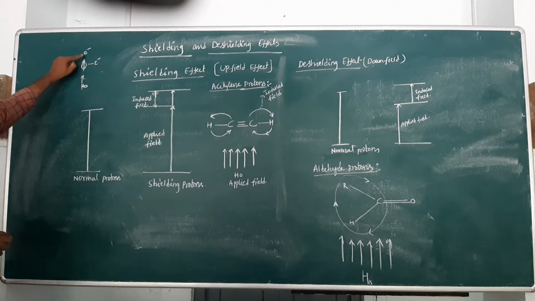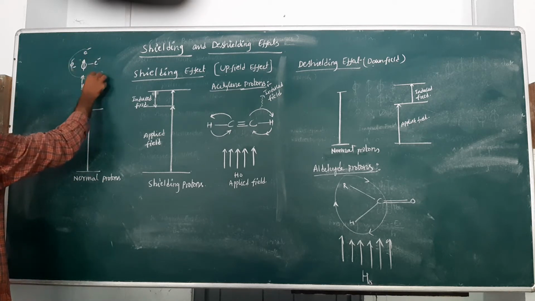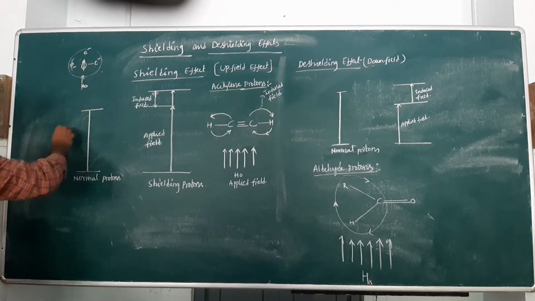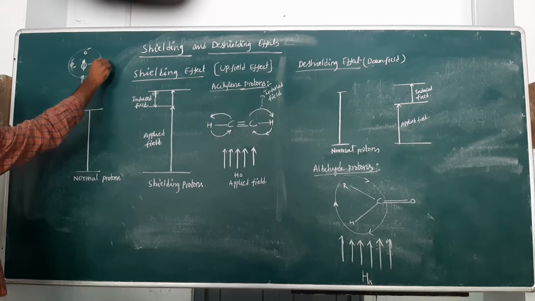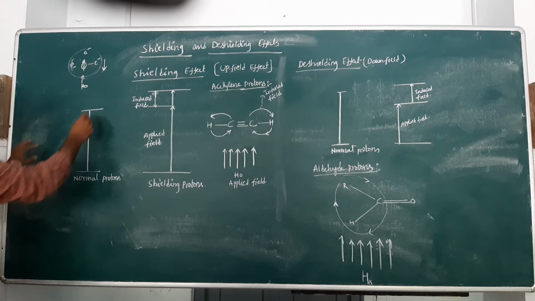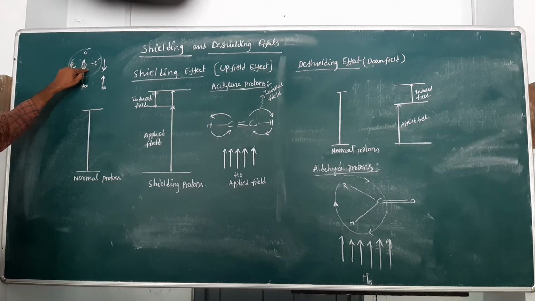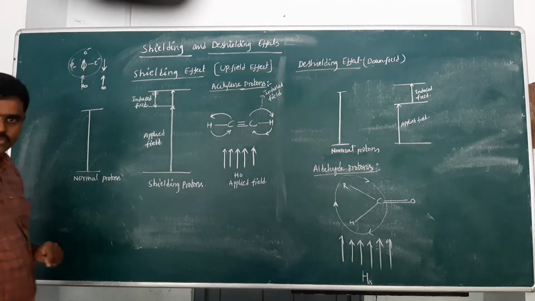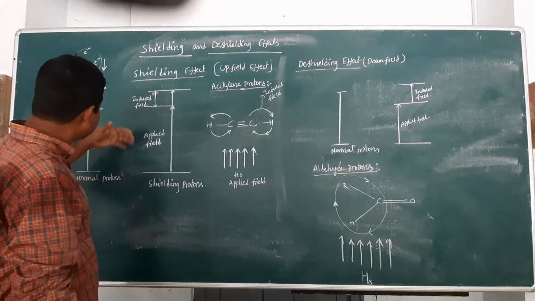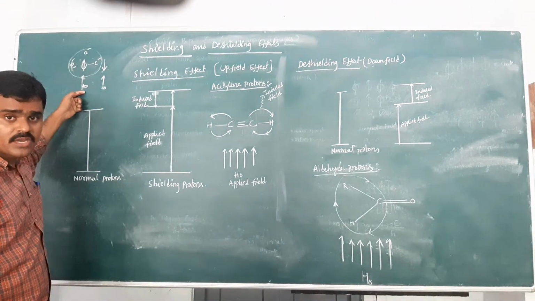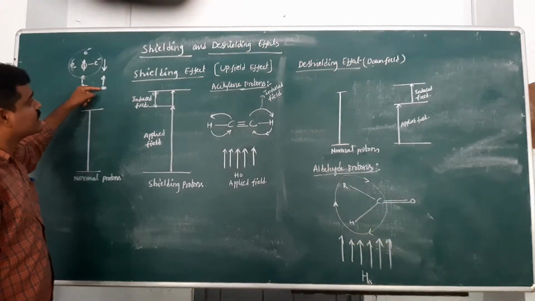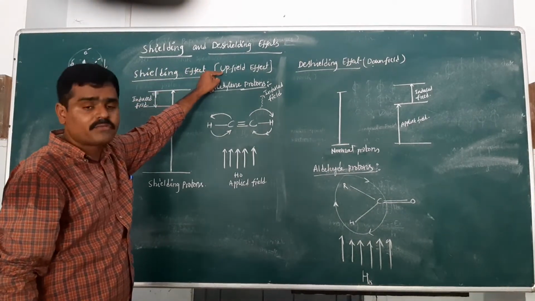When electrons create the secondary magnetic field around the proton, and this induced magnetic field opposes our external magnetic field, the proton experiences less magnetic field from the external magnetic field. So to get resonance, you must increase our external magnetic field. So it is called the upfield effect.